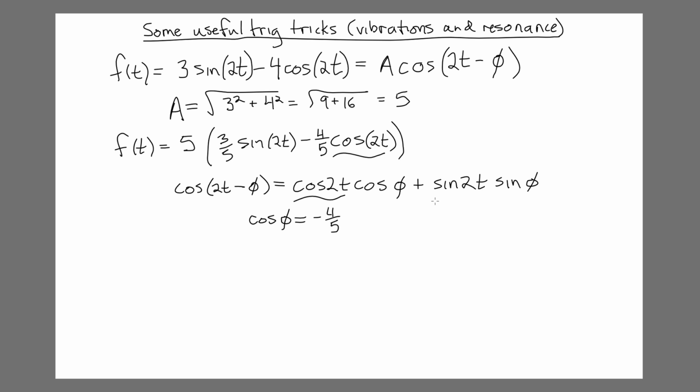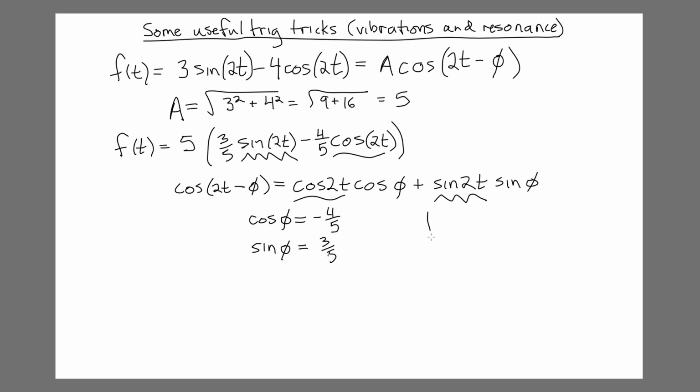Similarly, the sine 2t has a sine of phi in front of it over here, but a 3 over 5 in front of it up there. And so to match those, we want to choose phi to satisfy both of these two at the same time.